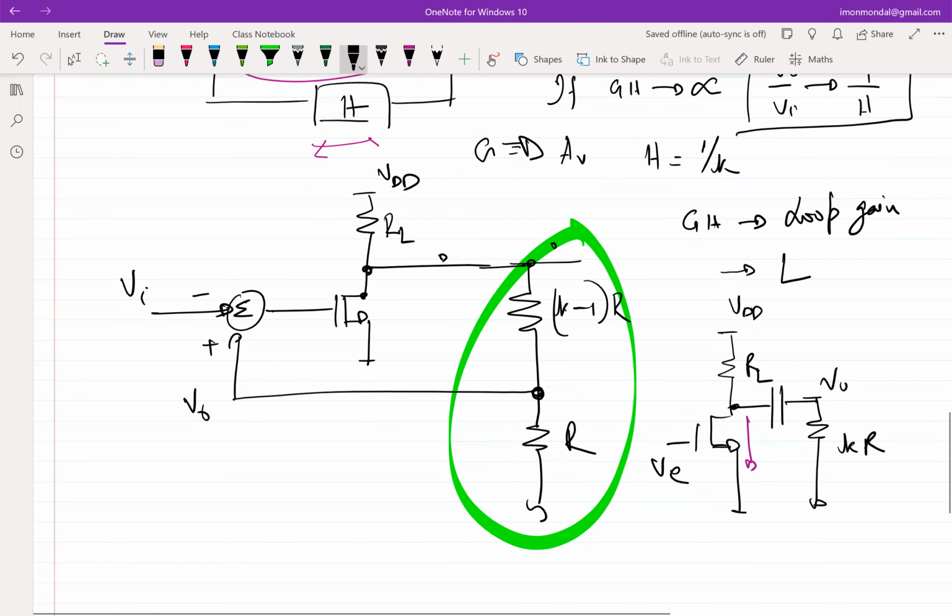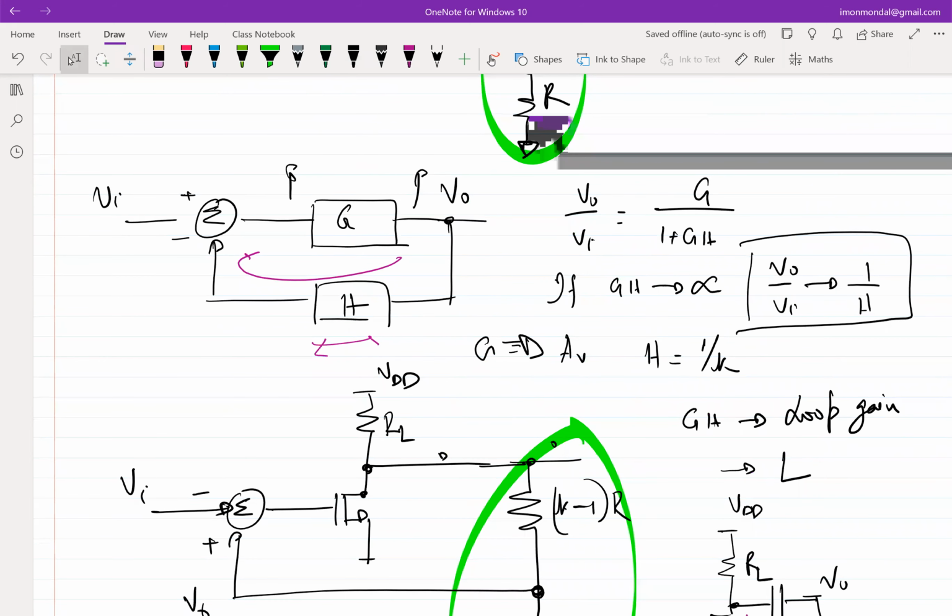When you express it in the block diagrammatic formation, it implicitly assumes that H doesn't load G. Even if you put in an arbitrary value of H, the gain of G remains G. That's the implicit assumption in a block diagrammatic sense. Which means that even though it's not specifically mentioned in most places, whenever you put this block diagram, you are saying that G and H are voltage controlled voltage sources, right?